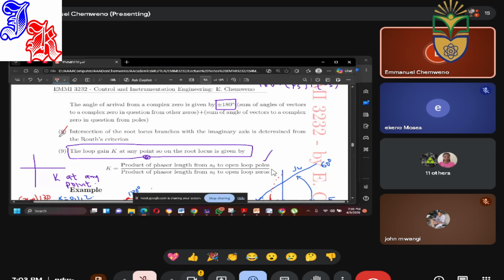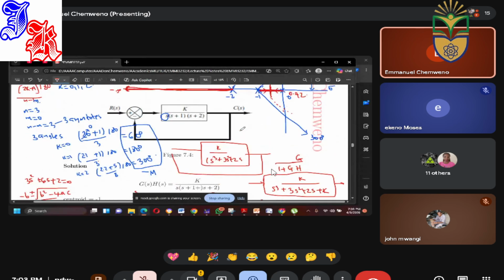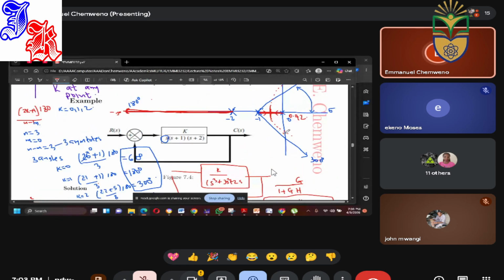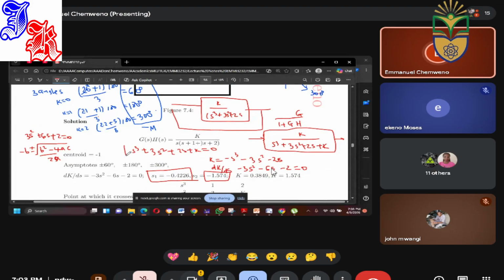Now, intersection. I jumped this rule number 8. Intersection of the root locus branches with the imaginary axis is determined from the Routh criterion. Now, I need to get k at this point. My characteristic equation is s cubed, 3s squared, 2s, k.